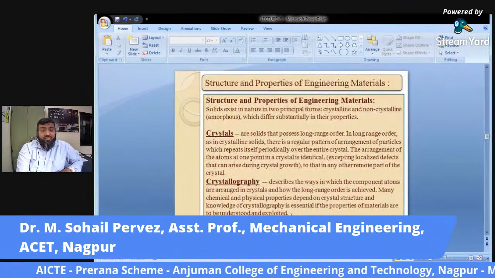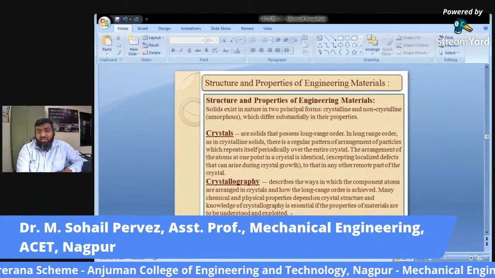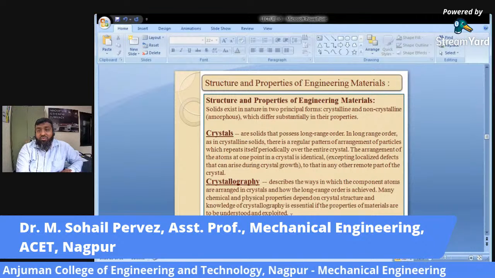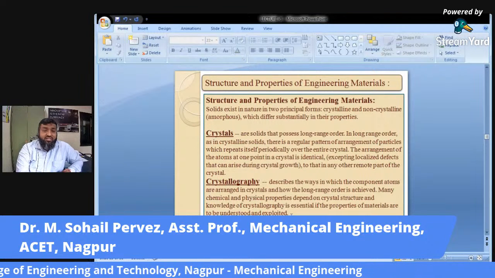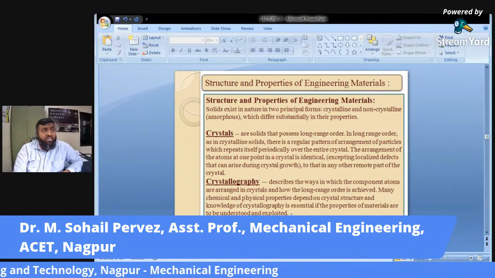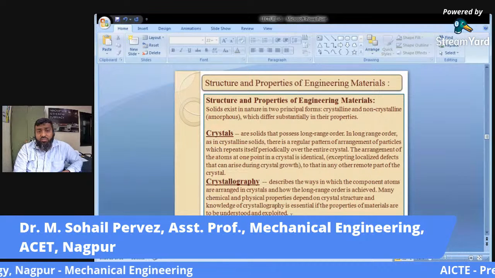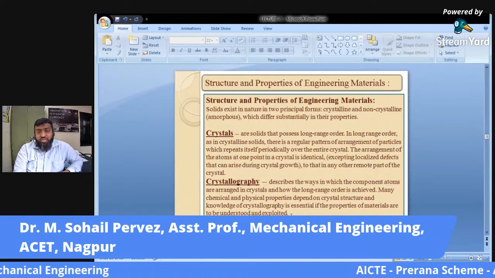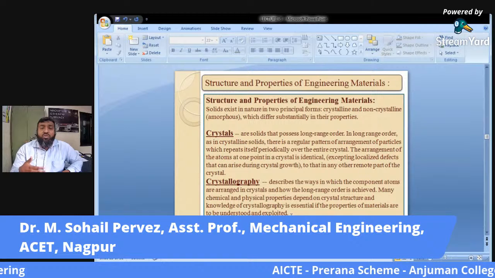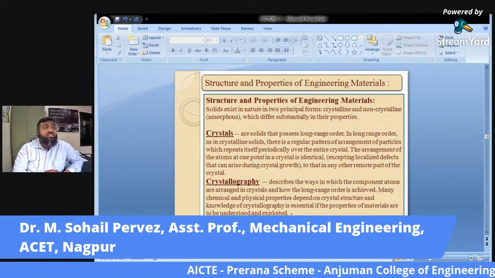Now the next and the most important is structure and properties of engineering material. This was the introduction to the engineering materials. So we have seen different types of materials used in engineering practices. Now coming over to the very basic structures.